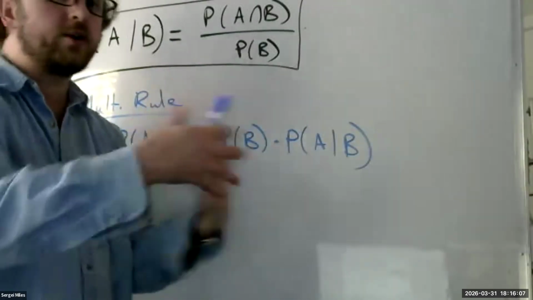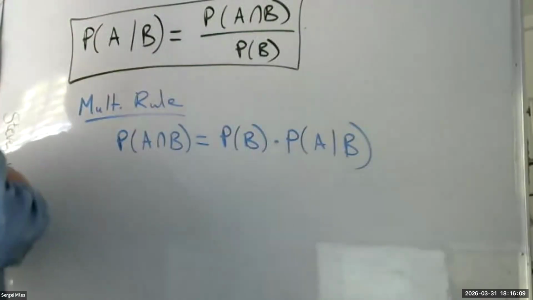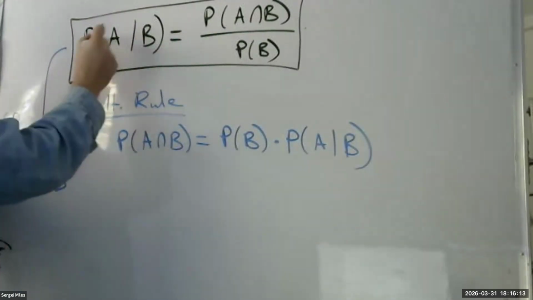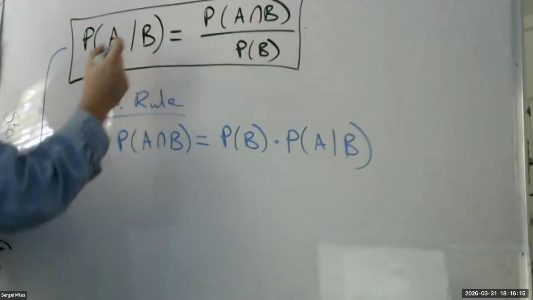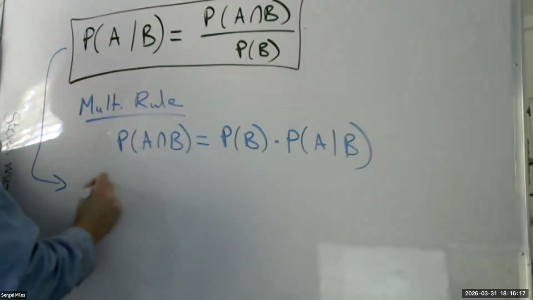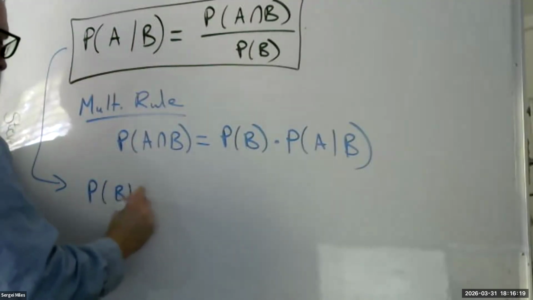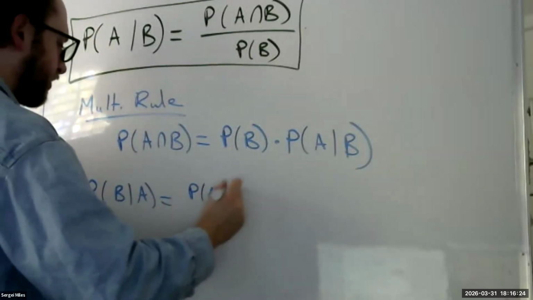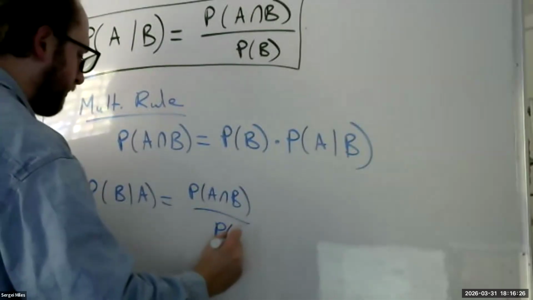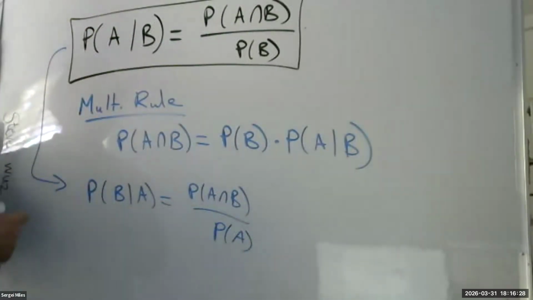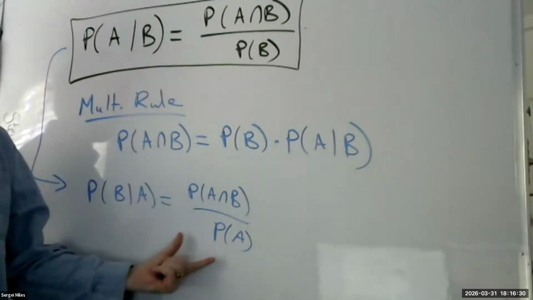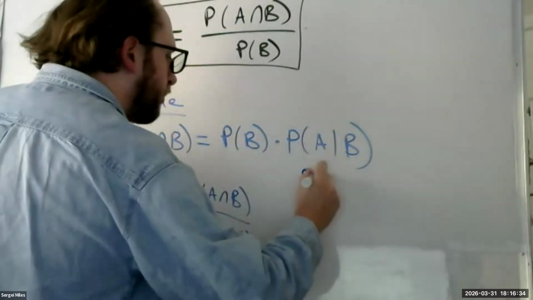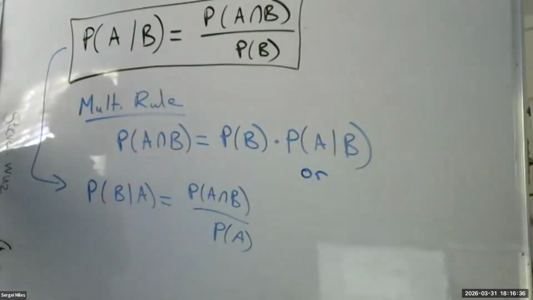Okay. But I can also flip around the order here, since for conditional probability, I could switch the order that I'm conditioning on. I could say probability of B conditioned on A. Well, that's still the same intersection, but now it's divided by A instead of being divided by B. Multiply to the other side, and we see that the multiplicative rule can be written in either fashion.